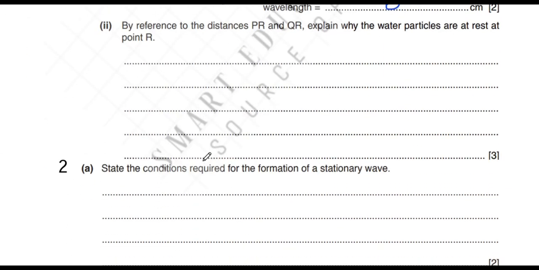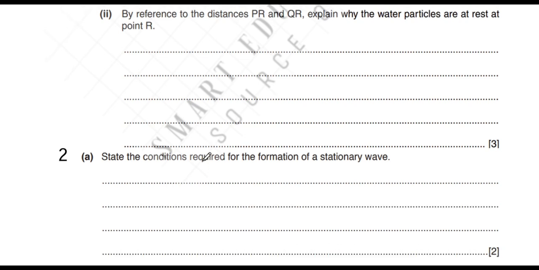Next question was, by reference to the distances PR and QR, explain why the water particles are at rest at point R. Obviously, that is because they are having destructive interference. It means they are cancelling out each other.